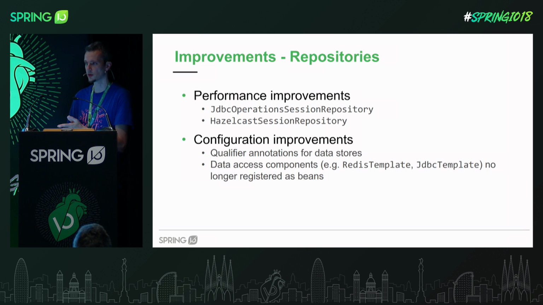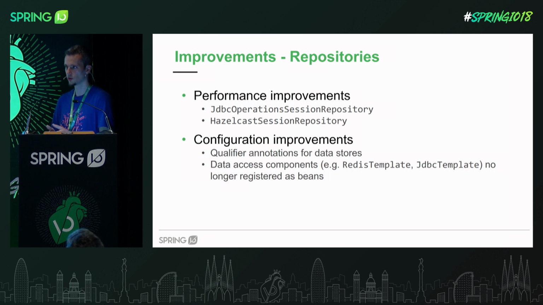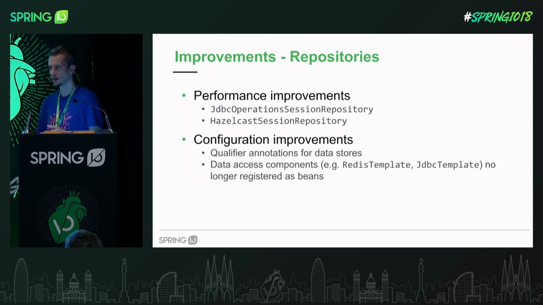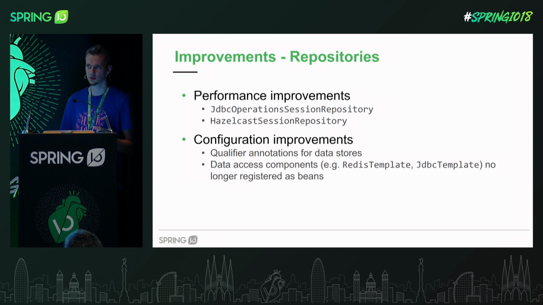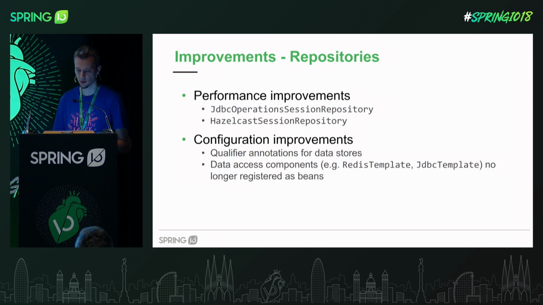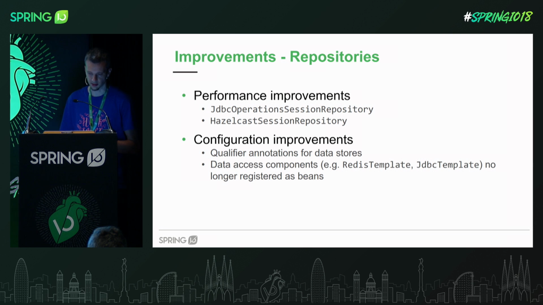For example, in your application, you might have two data sources or two Redis connection factories, but you only want one of them to be used for Spring Session, right? This arrangement in Spring Session 1 required some manual configuration. Now we've introduced qualifier annotations for simplifying this use case.